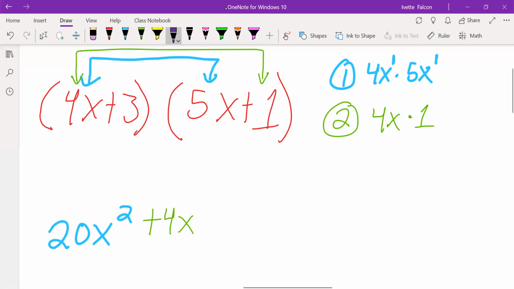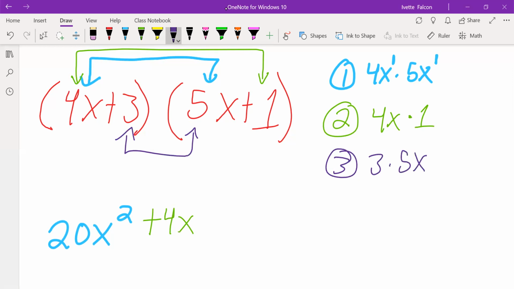Okay, then you do your third multiplication. So we're going to multiply the ones inside of our parentheses, the ones that are closest to each other, the inner ones. So 3 times 5x. 3 times 5, that's going to give me a positive 15, and it has the letter x in it, so we're going to go ahead and copy that letter x.